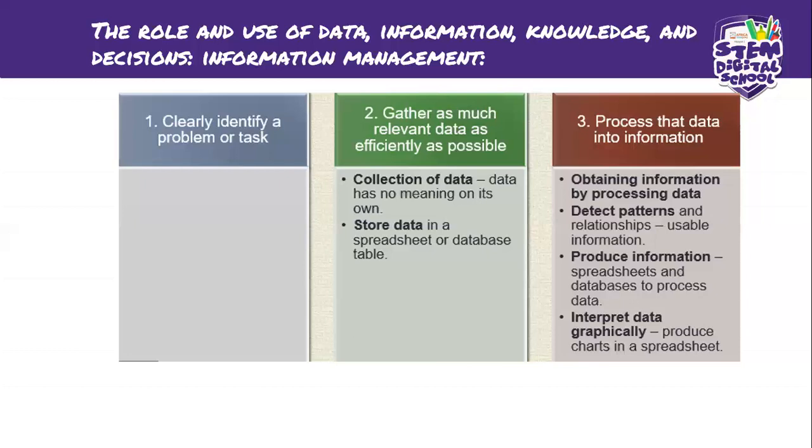Okay, so here on our slide, obtaining information. How can you process that data into information? You can obtain information by processing data in the following ways. You can detect patterns and relationships, produce information in a spreadsheet or database.